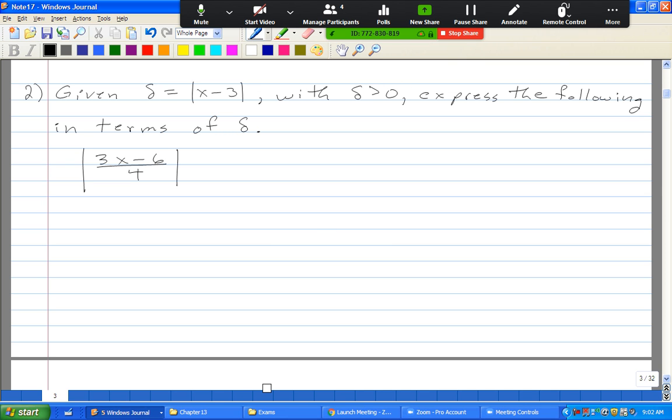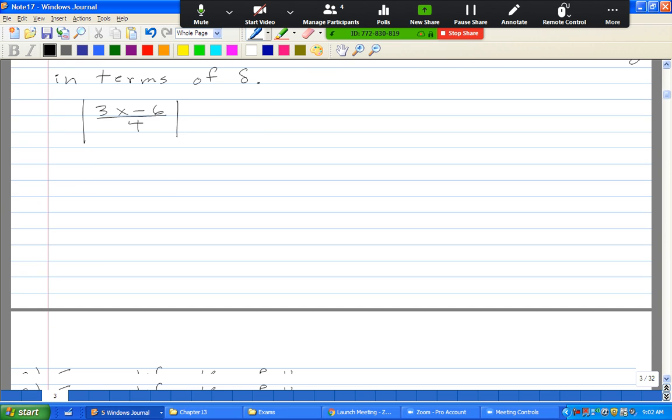I'll just leave it as greater than 0. I mean, it could equal 0. It doesn't really matter, but usually when we do these in your later courses, delta is assumed to be greater than 0, even though it doesn't make any difference in this case.